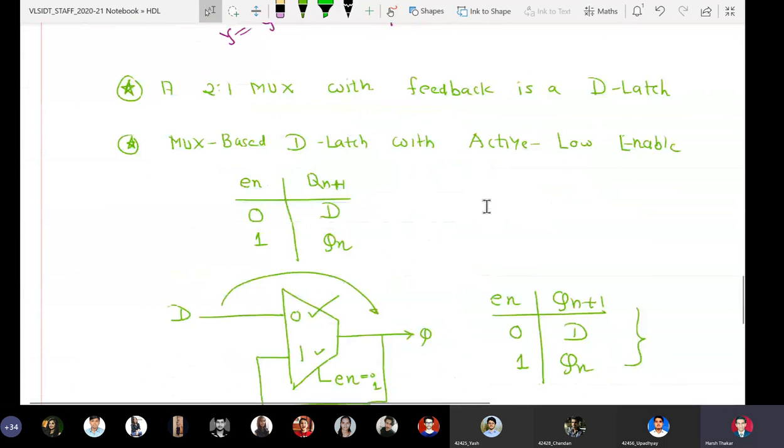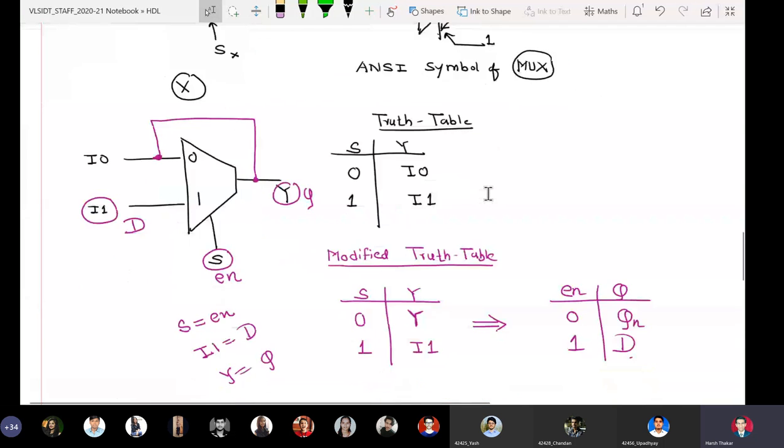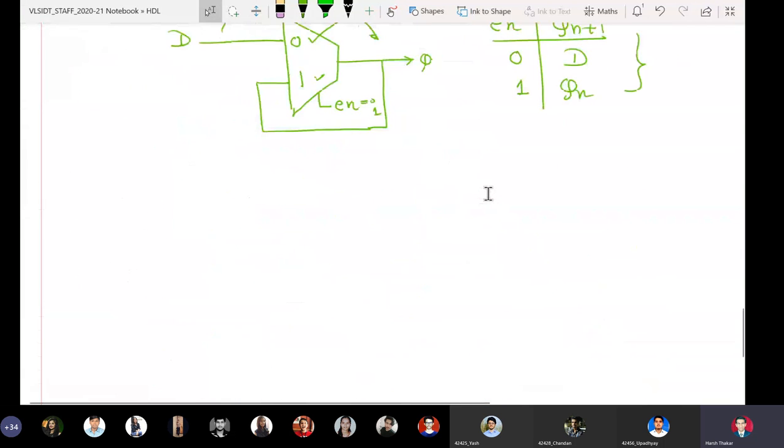So we know what the functionality of a D latch is.